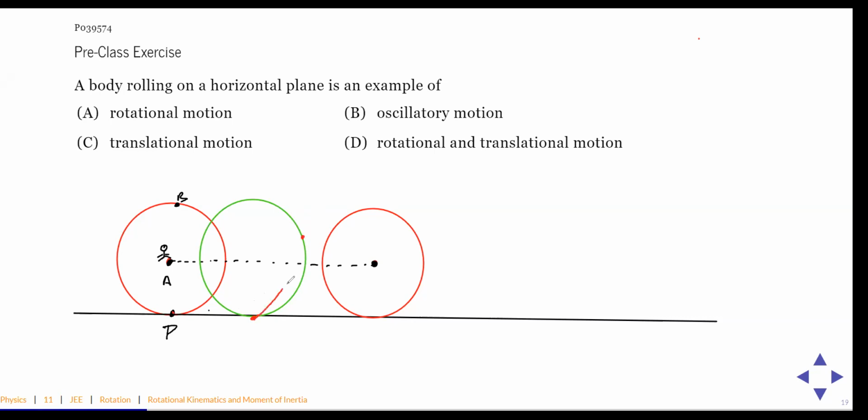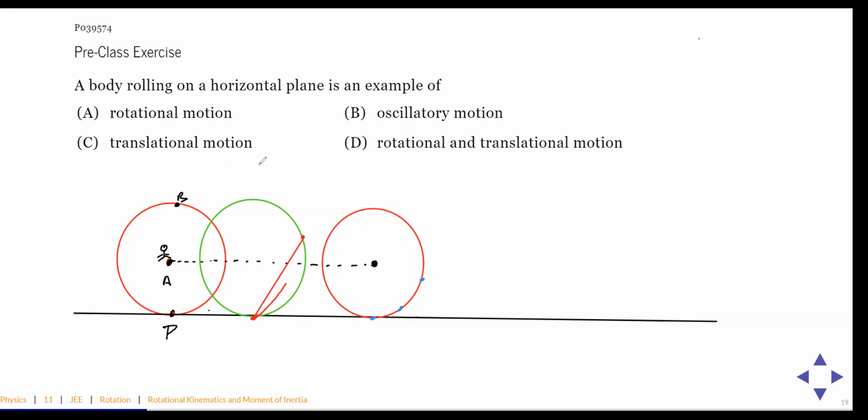With respect to this, the angle is changing. Makes sense? B came down. After some time, this point will come here, then here, then here. Don't you think? Yes or no? This is what will happen.